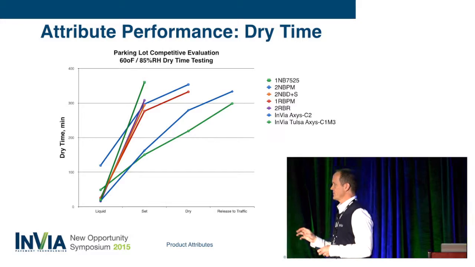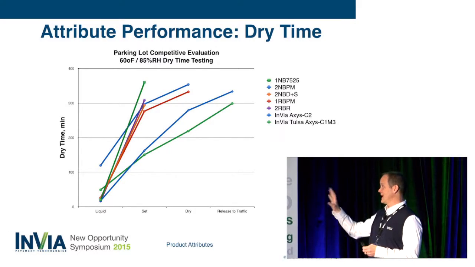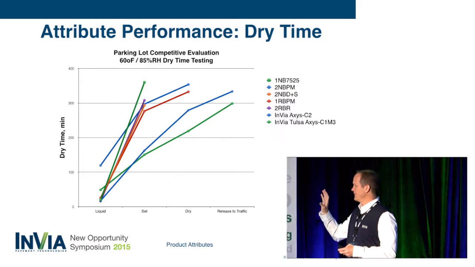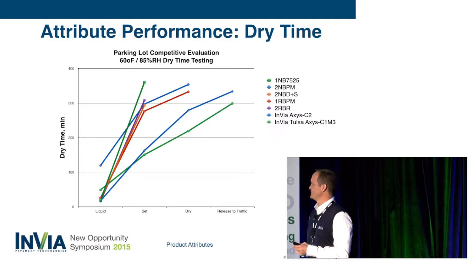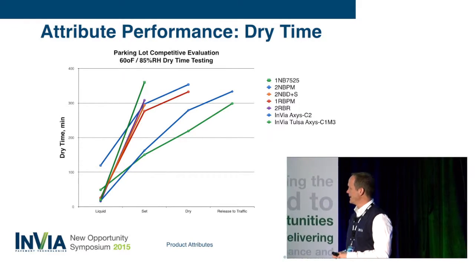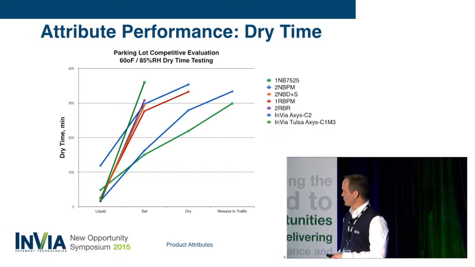We wanted to be ready for this symposium, and this was not easy to put together, but clearly compared to the on-the-road products, this was a better way to get this study put together in time to present to you lovely people. And so what you see is the black line is Axis C1M3.